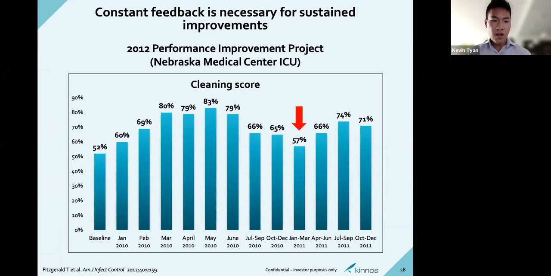And so results were shared face-to-face every month, actually, which improved cleaning rates from a baseline of 52% to 85% or 83%. But once they transitioned to a quarterly system of feedback, no longer meeting workers face-to-face every month, that cleaning score dipped back down to close to baseline. Only when they re-implemented monthly face-to-face meetings did they restore this cleaning efficacy improvement. So imagine having this feedback not just quarterly, not just monthly, but every single time you use your disinfectant wipes.